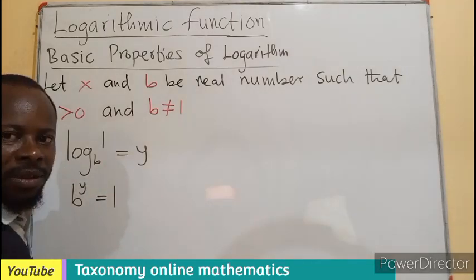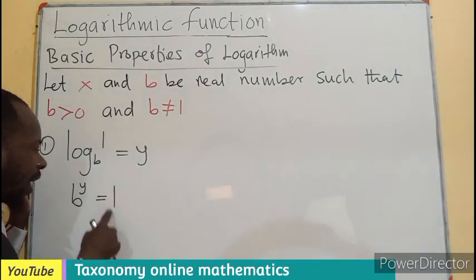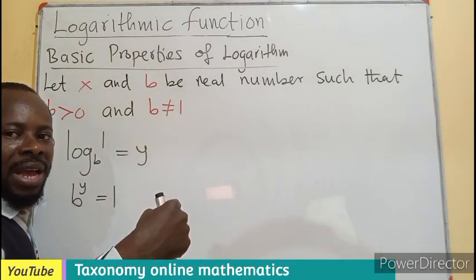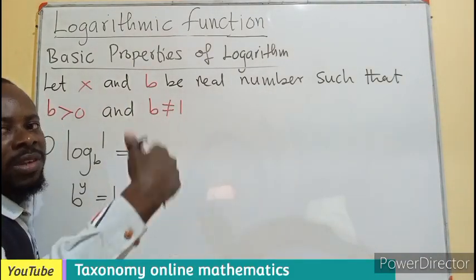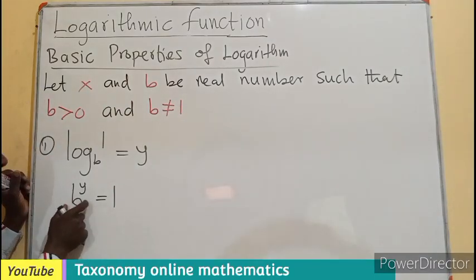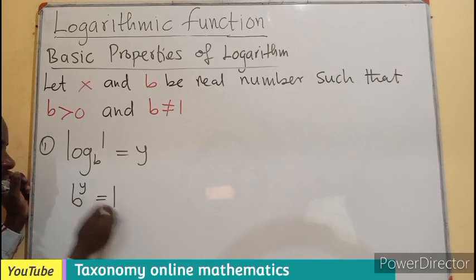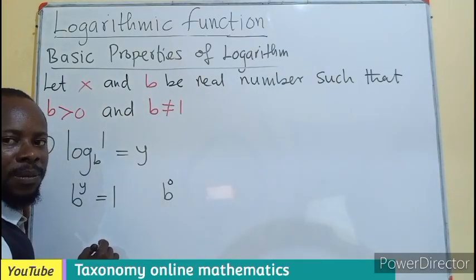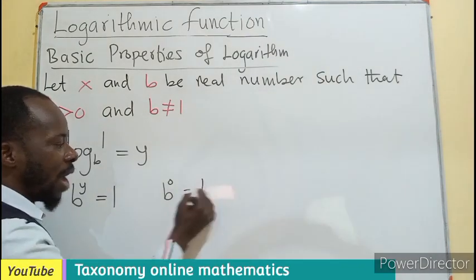1. Now, we know 1 can also be written as a number to the exponent of 0. Meaning, I can say that b exponent 0 gives me 1.